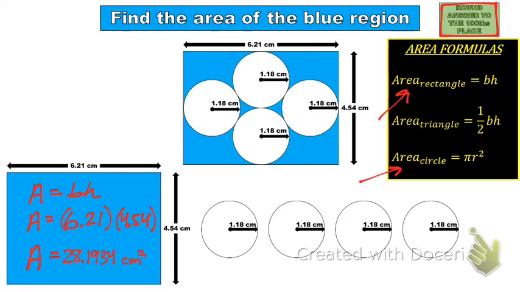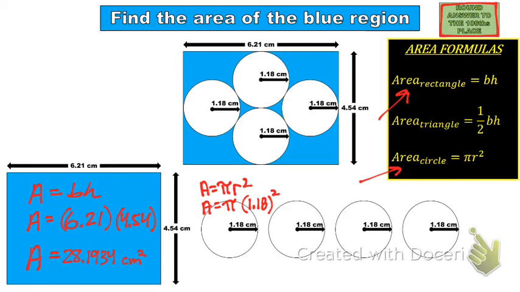So if we just want to find the area of the blue part that's left after the four circles are removed, our next step is to find the area of one of the circles. So we're going to use the area formula. The area is equal to pi times 1.18 squared.